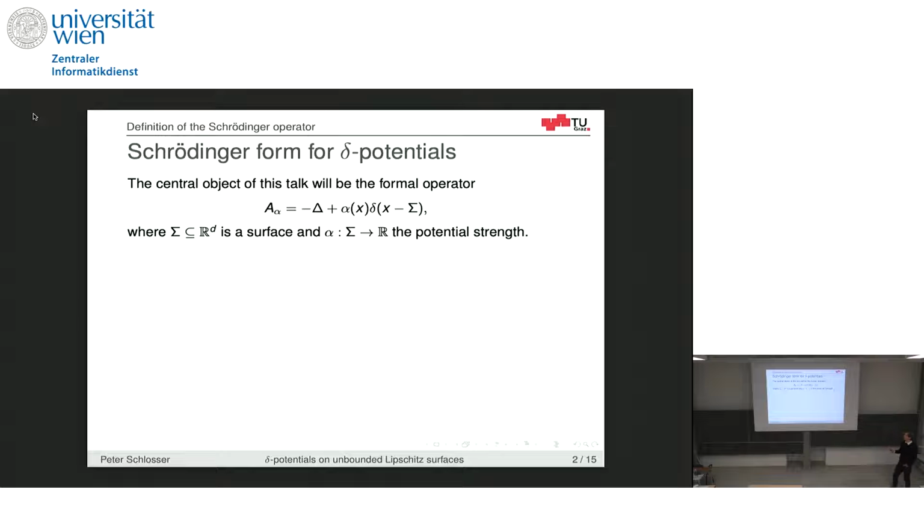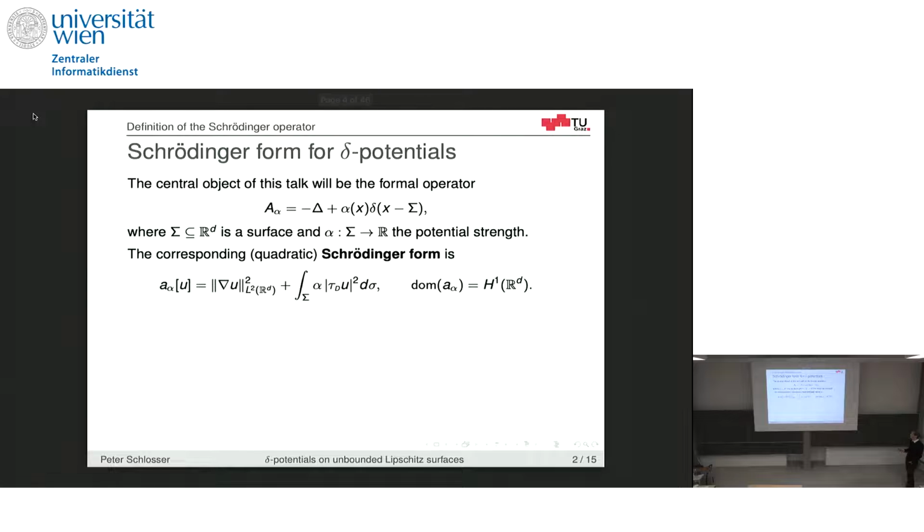I will come in a minute to which assumptions we have to take, and some interaction strength alpha here, which is non-constant, but some function on this curve. So what do we consider? A surface, of course. So it's in any dimension, so okay. Yeah, so it is a d minus 1 dimensional surface in R^d.